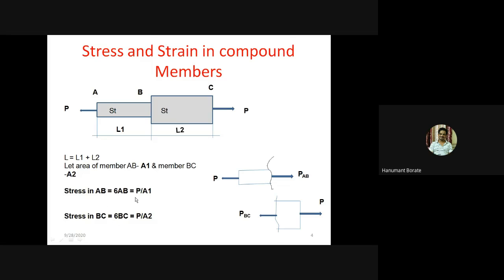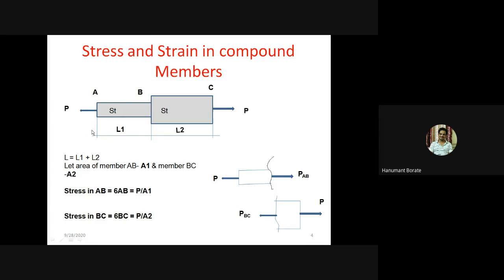Now stress in AB. To find out the stress, we need to find out the internal force. So to find out the internal force, we need to break the system. We break the system randomly between A and B, and it divides into two parts.